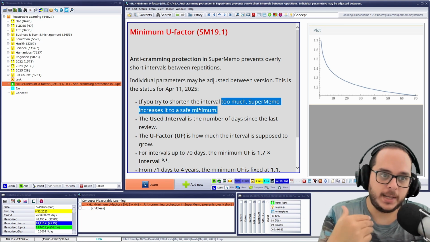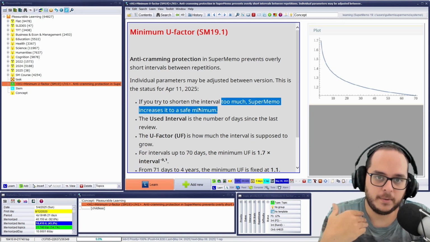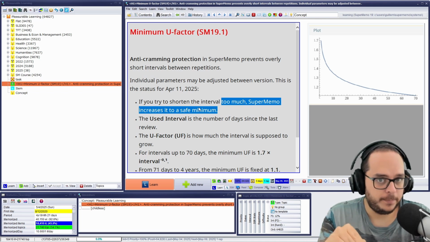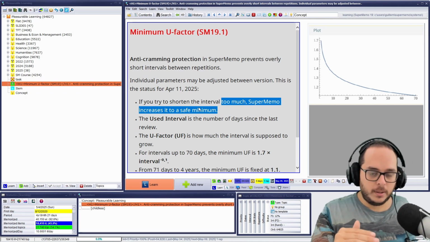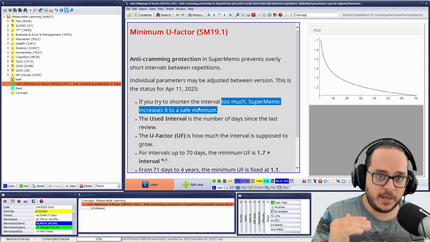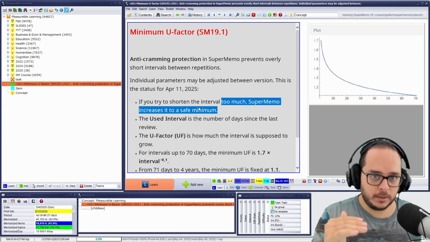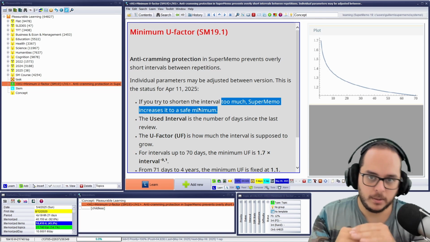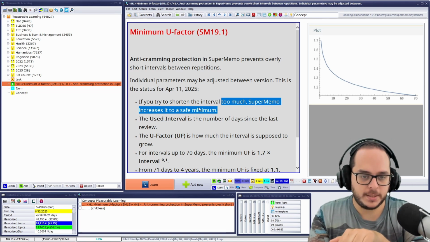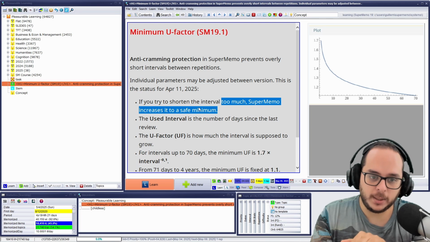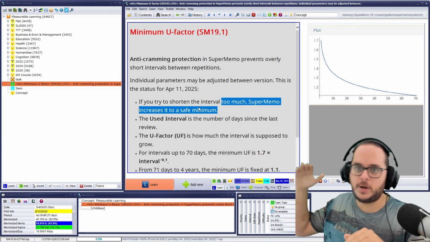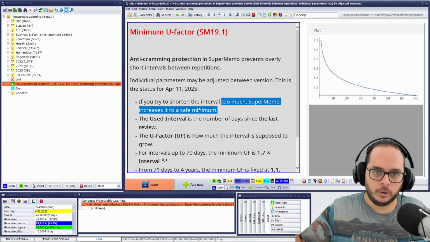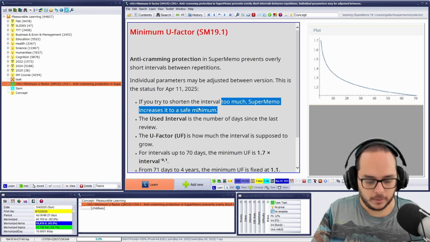But remember, as I mentioned in the beginning of the video, you have the power: if you do an interval so far ahead of time, you're cramming so hard, that SuperMemo says, no, let me overrule this. So I set a minimum of 1.1, but as a user, you can still overrule it once again. You can overrule the overruled interval.